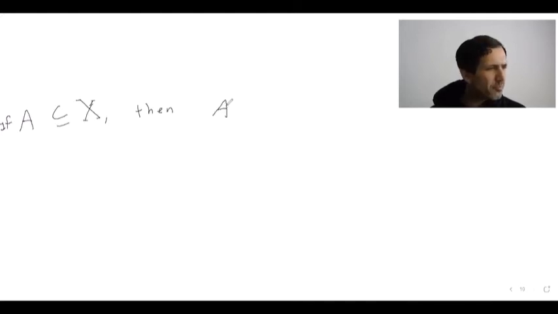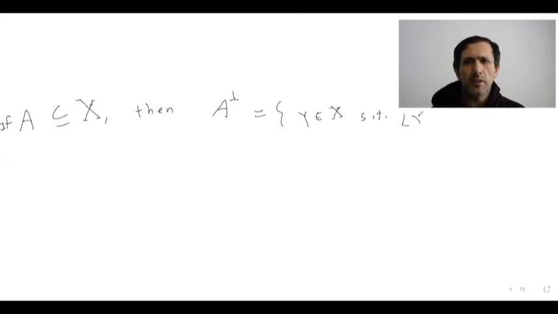So if I have an inner product space X, let's say I have a subset A of my inner product space X. So I'm going to define the orthogonal complement of A, denoted by A with this perpendicular symbol here, to be the set of all y in X that are orthogonal to everything in A. Yeah, so it's basically, in some intuitive sense, perpendicular to A.